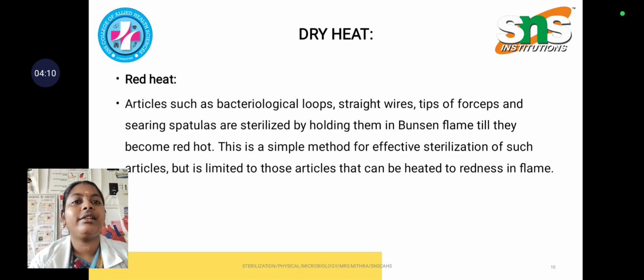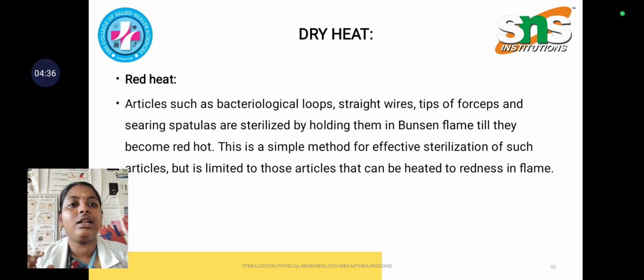Coming to dry heat sterilization, the first one is red heat. In red heat, the materials we want to sterilize are held in the Bunsen burner flame till they become red hot, so the color has to change to red hot.